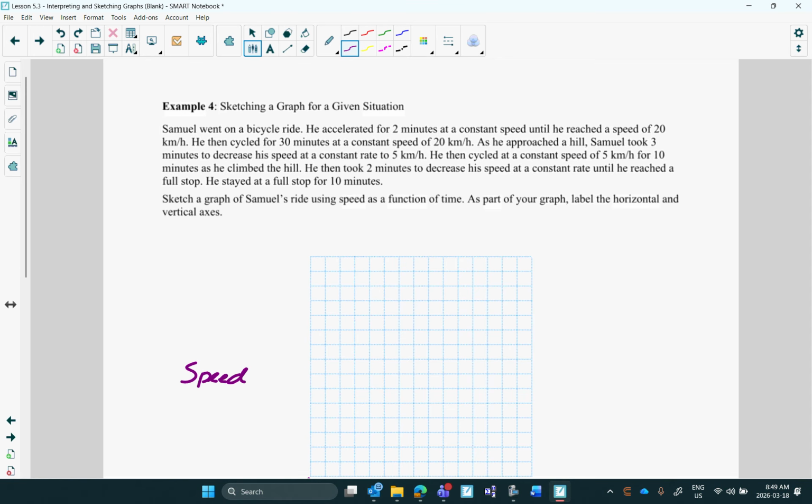Then he took another 3 minutes to decrease the speed, so now we're at a 35-minute ride. 45-minute ride because he cycled at a constant speed for 10 minutes. 47 because he decreased the speed. And then he also stayed at a stop for 10 minutes, so 57. So about 60.